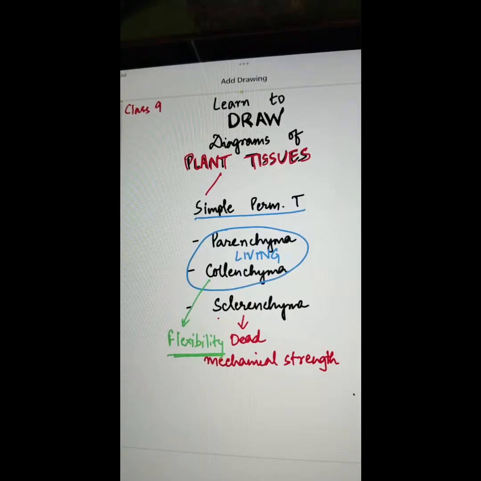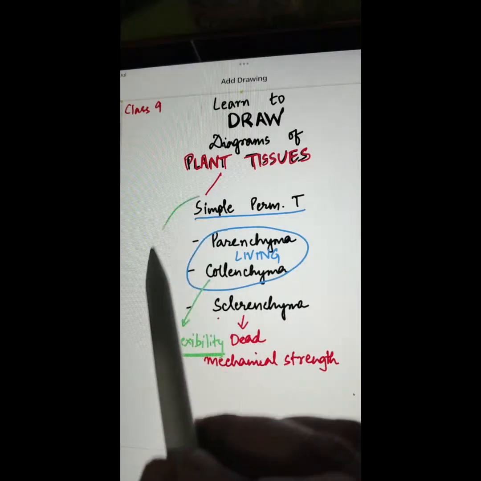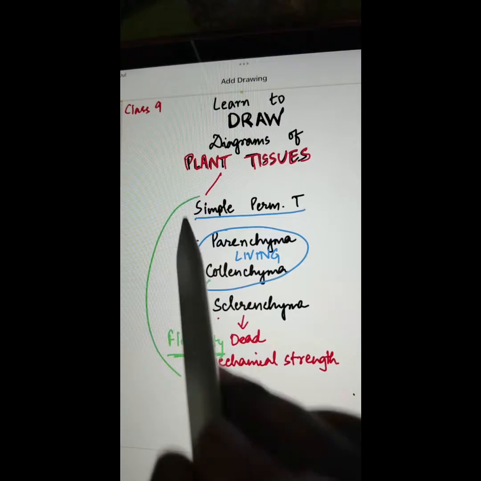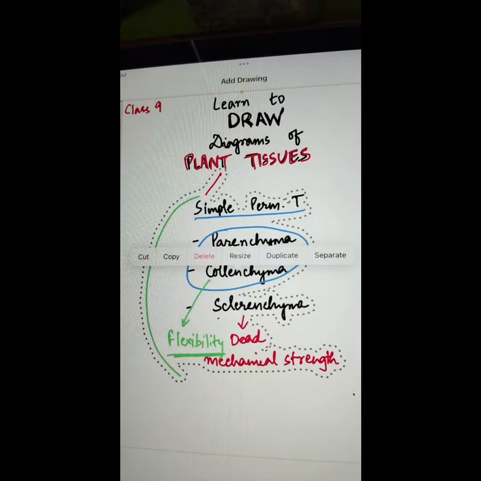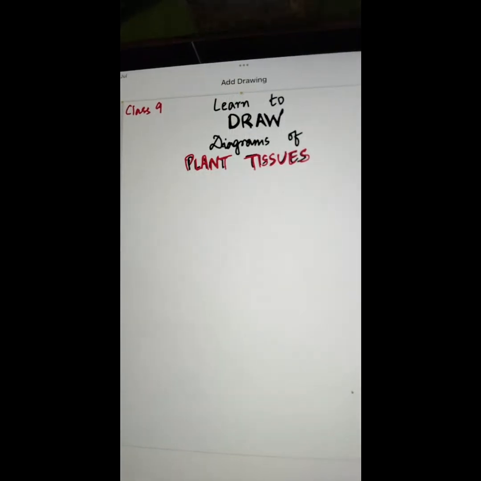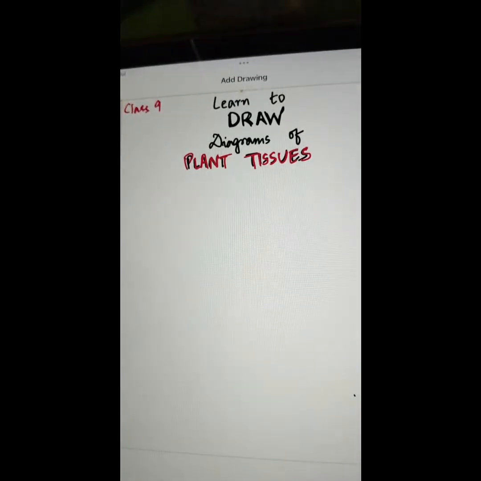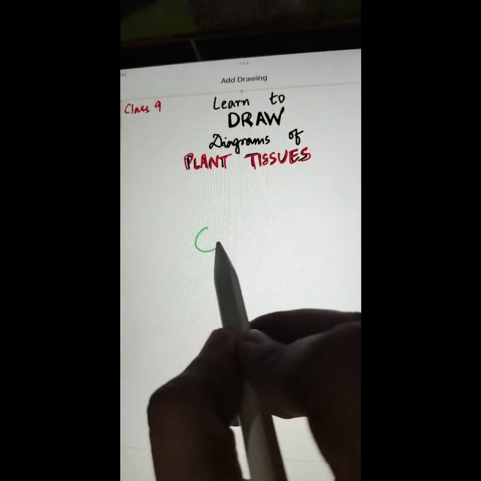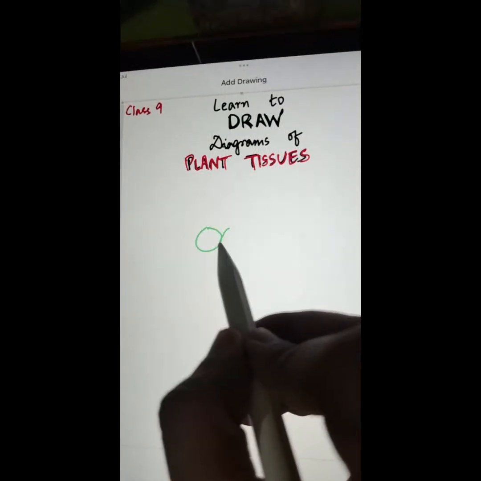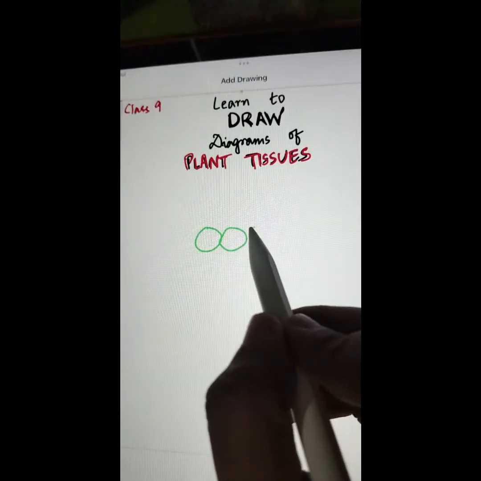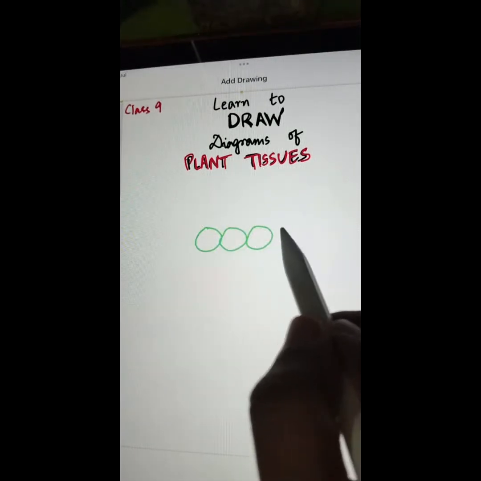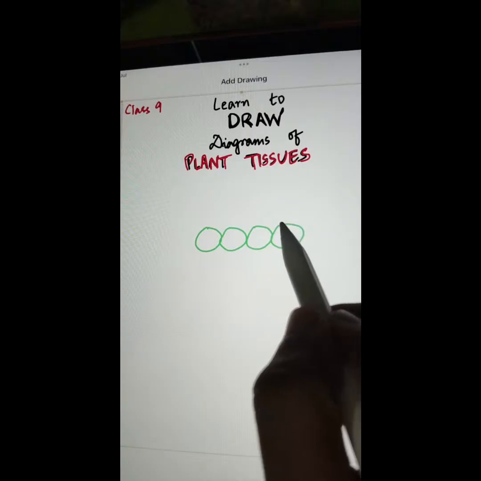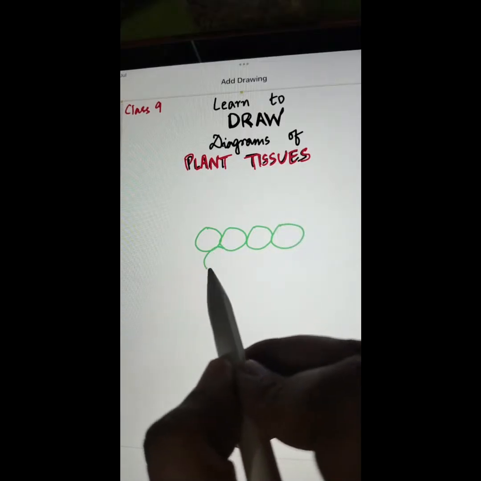Let's see how we can draw the diagram of parenchyma. Let's begin first with the parenchyma. So in case you cut the transverse section of parenchyma, you will be able to see cells like these.